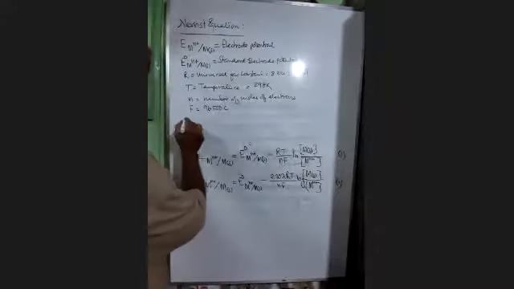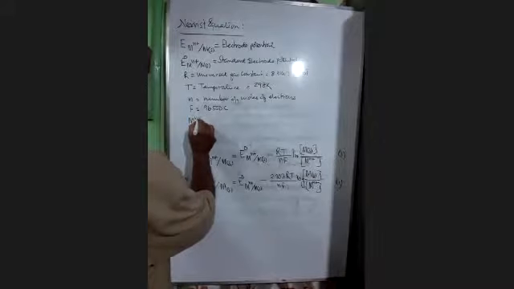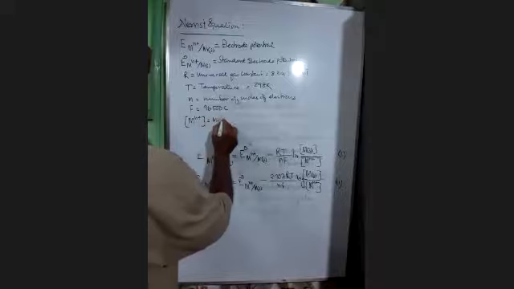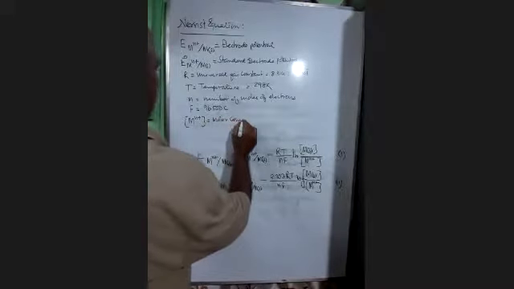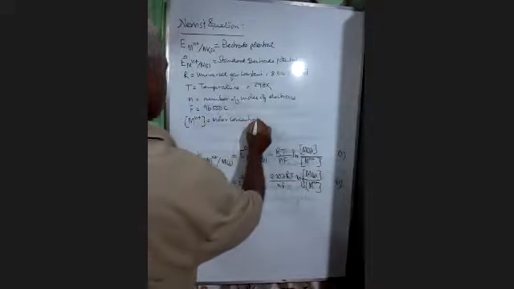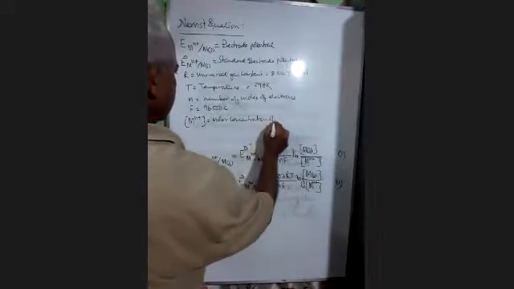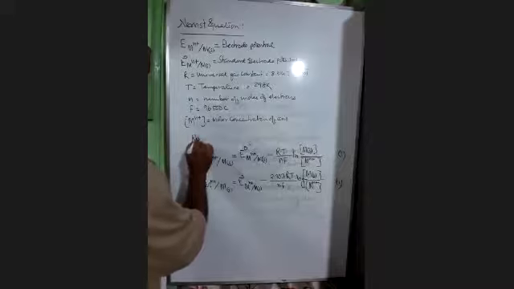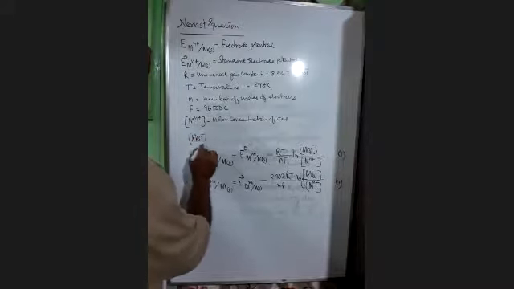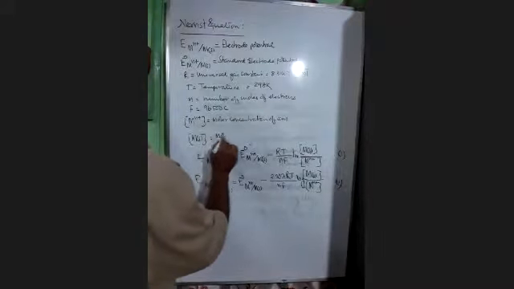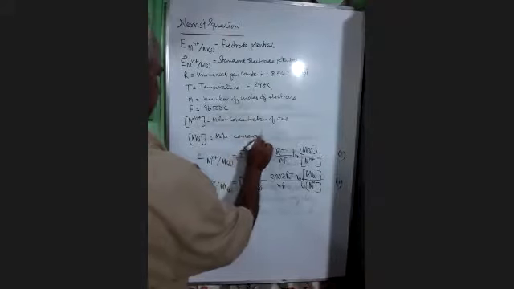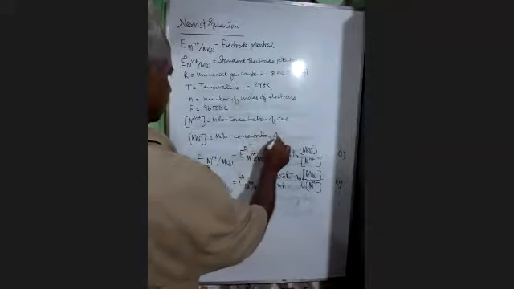Now, what is Mn plus? Molar concentration of ions. And what is this? Molar concentration of the metal.